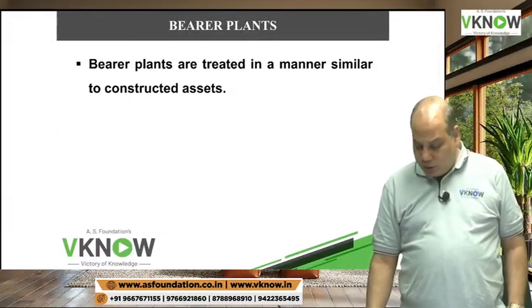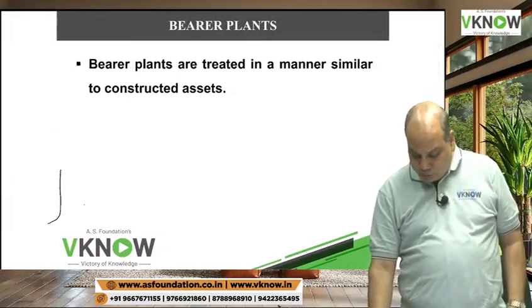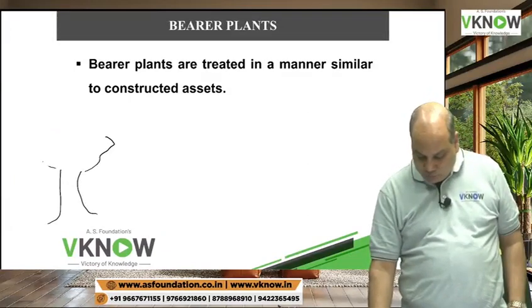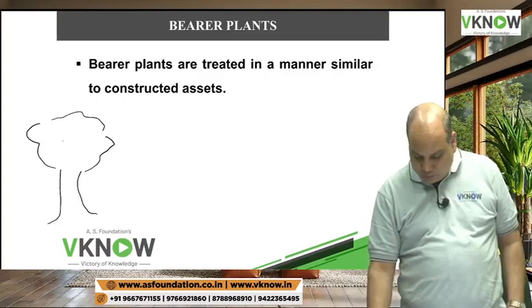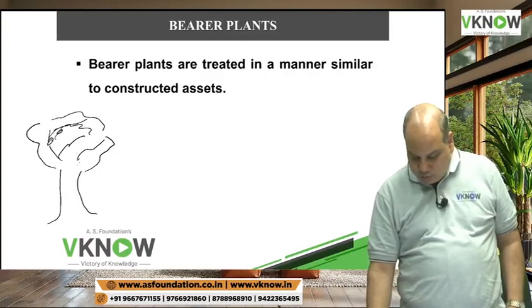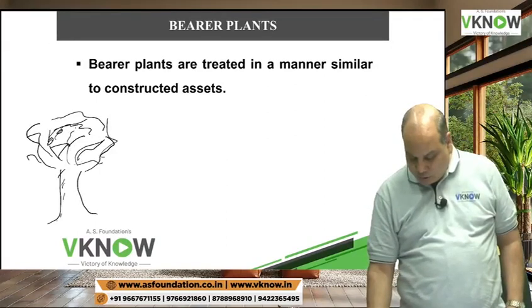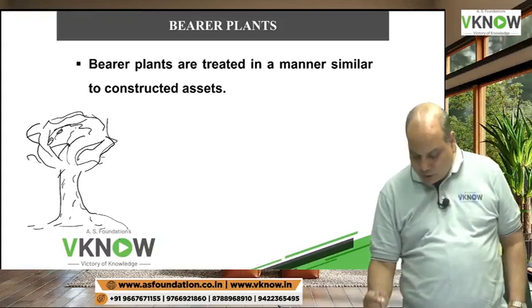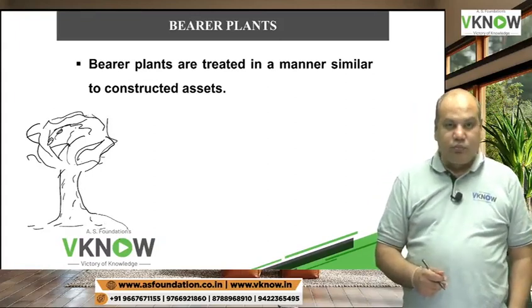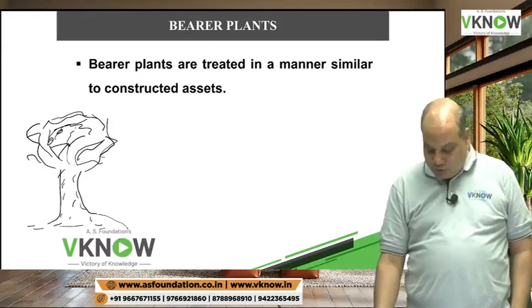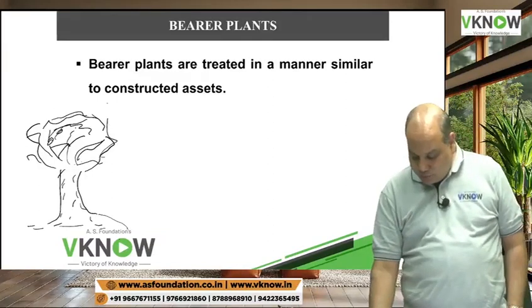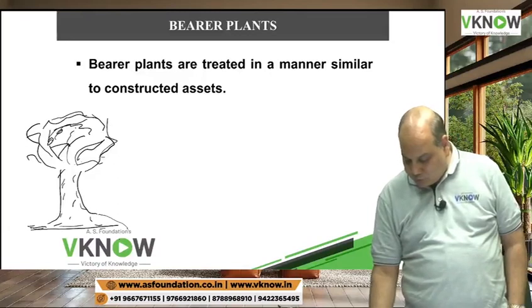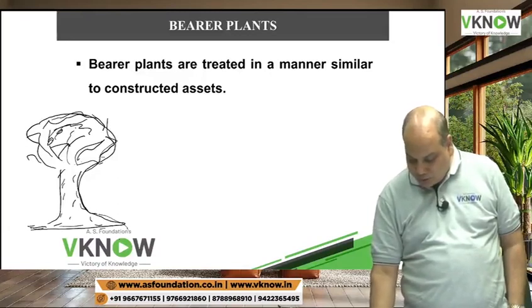What about bearer plant? Suppose we are growing a mango tree. This is a mango tree, assume. You started from a small plant and now it has become a tree.